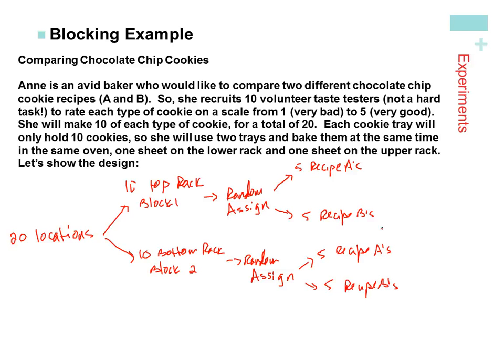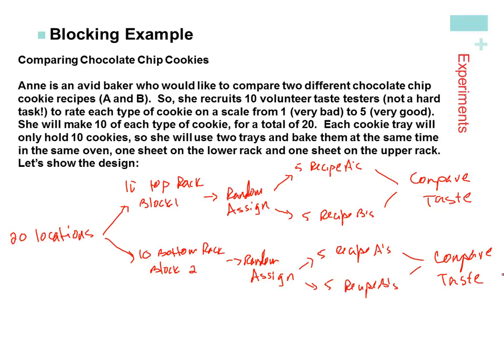But once we have our cookies, we want to compare taste, 1 to 5, with these guys, and then compare taste with these guys. We don't want to bring them back together because that negates the whole reason for blocking to begin with. So that's what a randomized block design would look like.